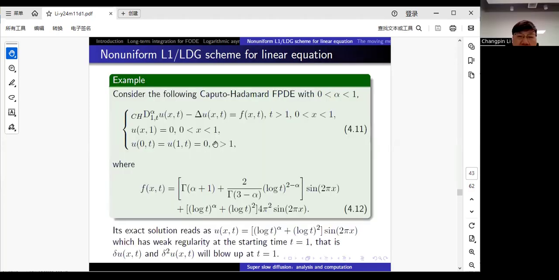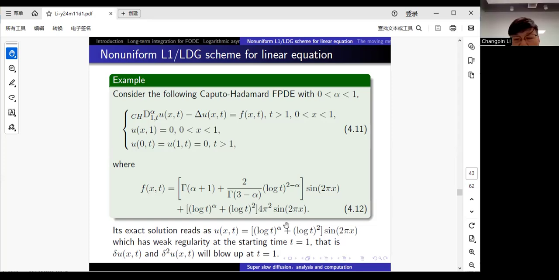Yes, this one. Just a general question: is the explicit solution obtained by separation of variables or another method? Yes, you're right. Which method did you use?